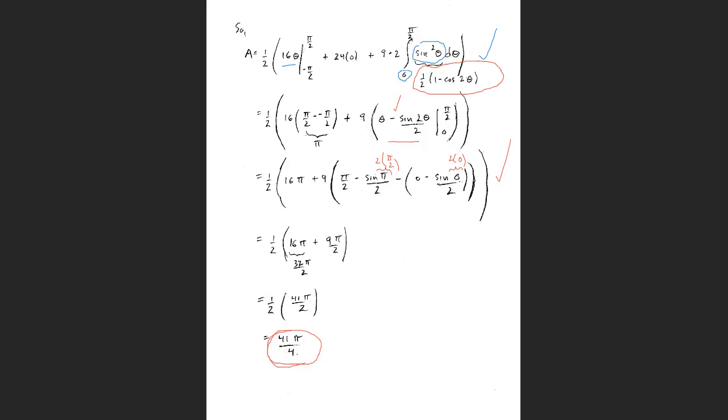I tell you, Nathan, I've never tried it. I generally don't like doing that. I like my limits to start where the polar curve begins, and then end where the polar curve ends. Anything else, I kind of don't know.